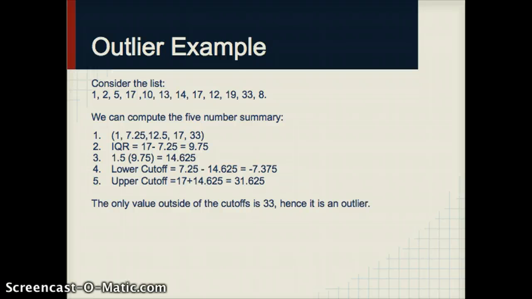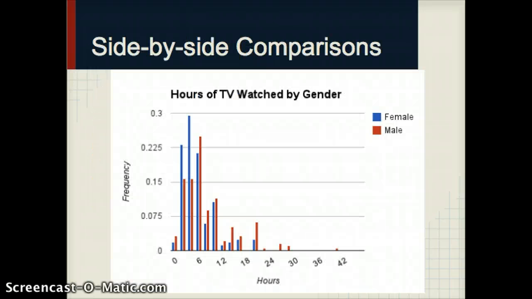I just want to talk a little bit about side-by-side comparisons. From some of the data provided by the Lock5 book, I generated this little histogram of hours of TV watched by gender. Notice that the females are in blue, the males are in red, and if you stare at this for a little bit, you see that men definitely watch more TV than women.